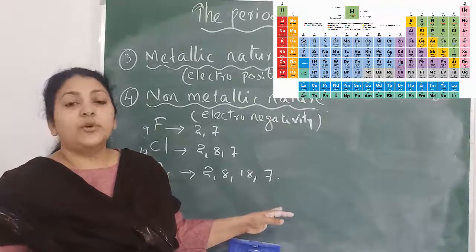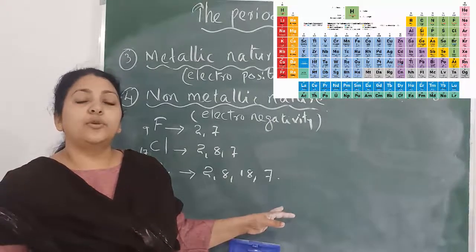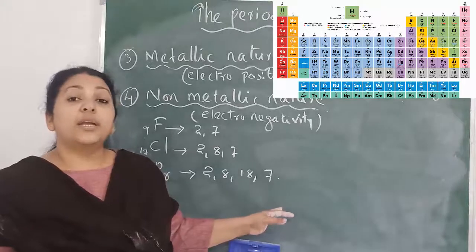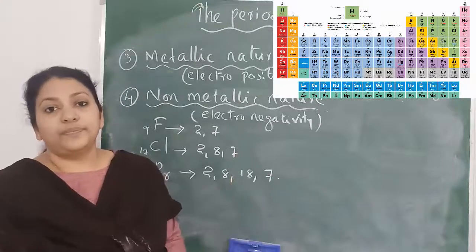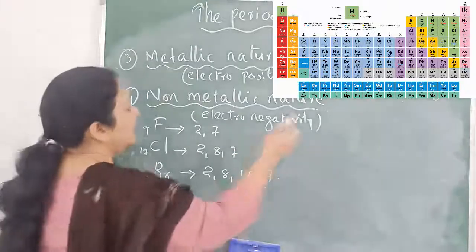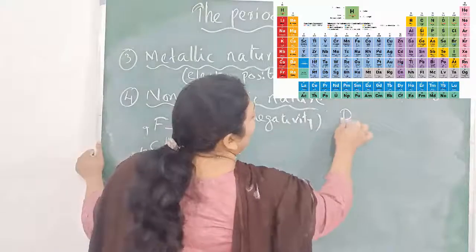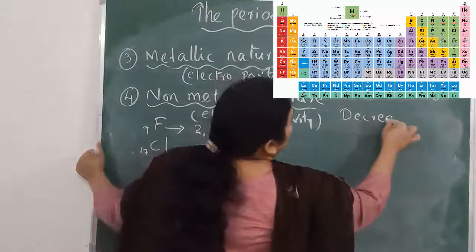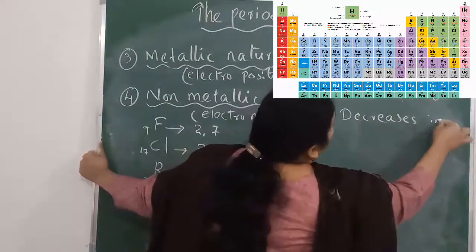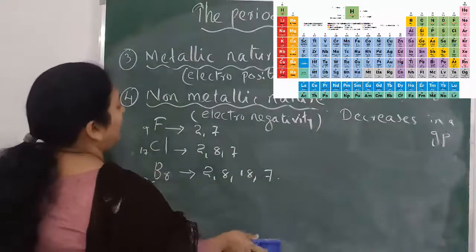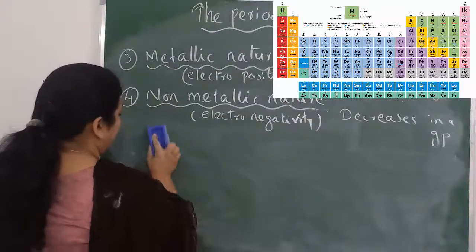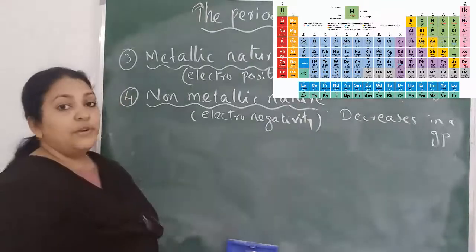So the electronegativity decreases in a group as the size of the atom gets larger from top to bottom. Is that clear? So what is happening here? Electronegativity decreases in a group.